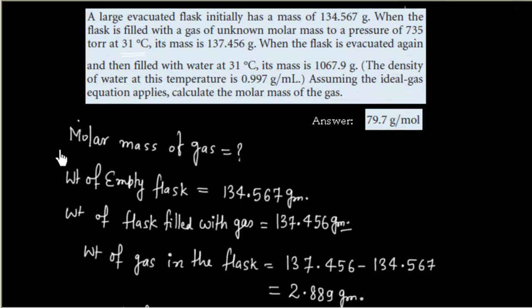Now next we have to calculate the volume of the flask. To calculate the volume of the flask, we have been given this information. It says that when the flask is filled with water, it has a mass of this.